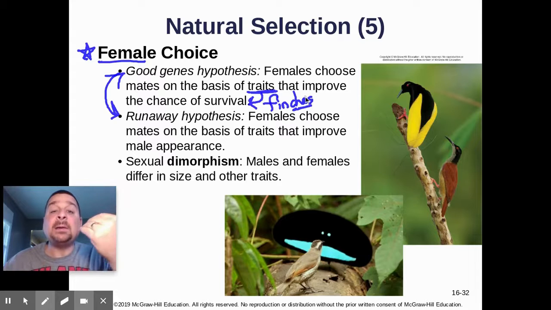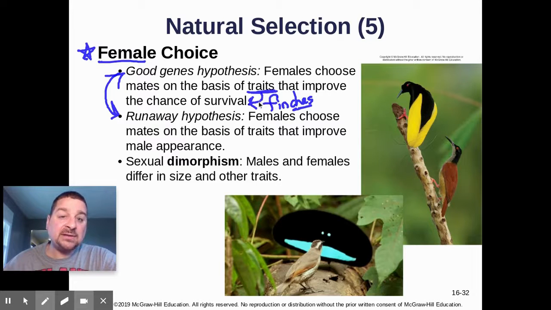And so that increases their chance of survival during that drought. So sometimes we think maybe females will choose a mate based on survival, a trait that increases the chance of survival.